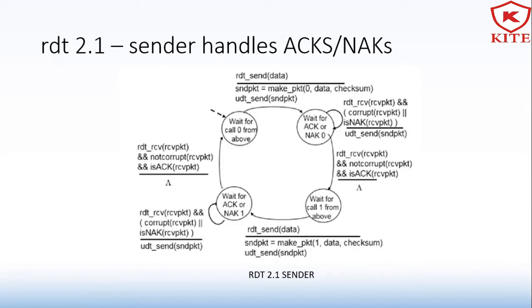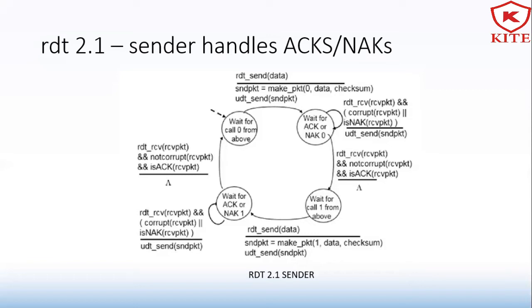The receiver doesn't know whether the acknowledgement received at the sending side was proper. To solve this problem, we need to add a sequence number to the packet.